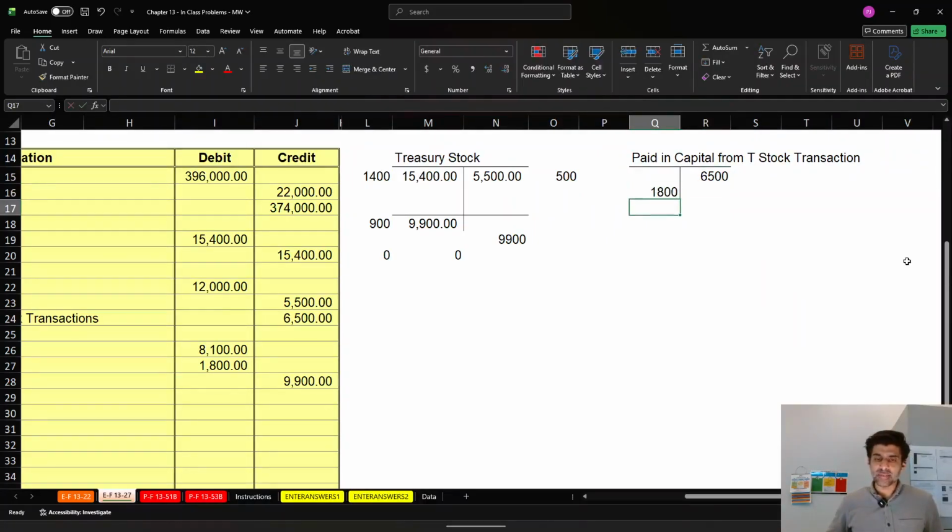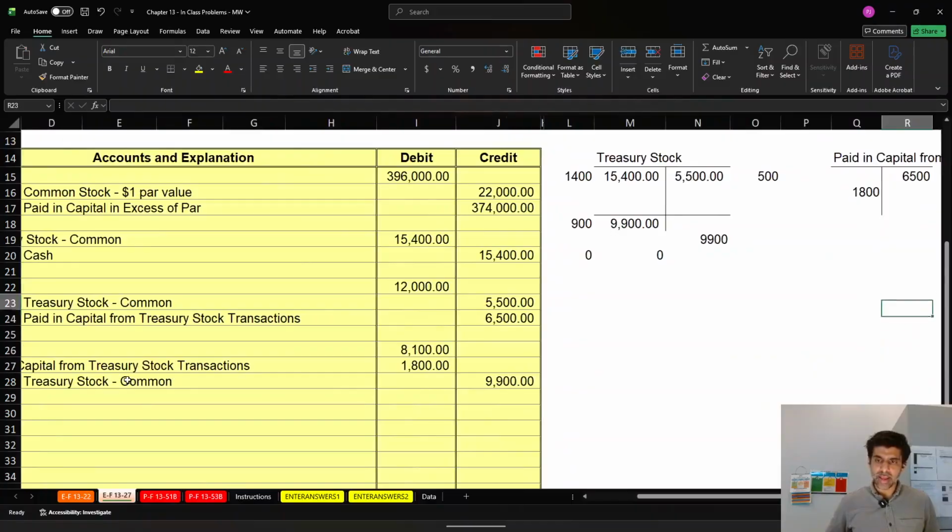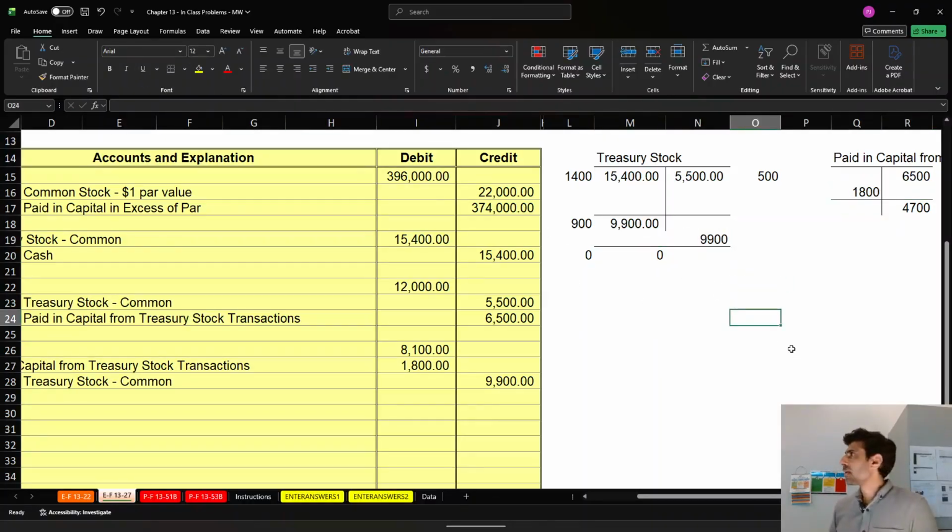Now we're taking a loss, so we're going to kind of draw it down from here. So this is going to be coming from this account. Let's just do it like this. Okay. So now at the end of this, the balance is 4,700. Okay. And this account balance is 0. All right. Is everyone good with that?